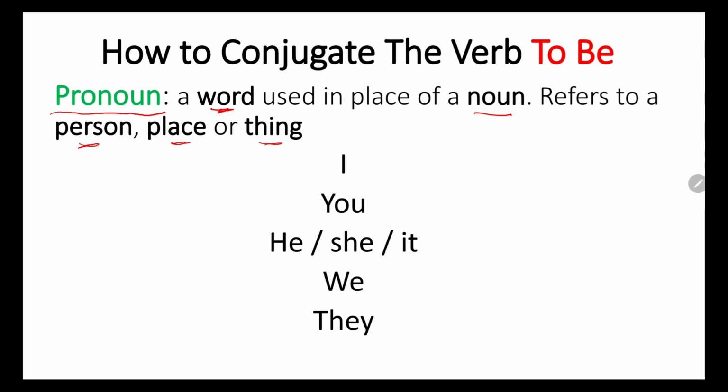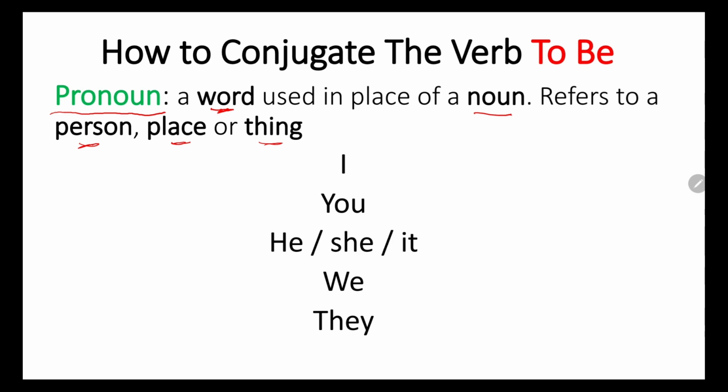Now, what do I mean by this definition? Now, in English, we have 1, 2, 3, 4, 5, 6, 7 pronouns. These are the main pronouns that we are going to start learning in this lesson.